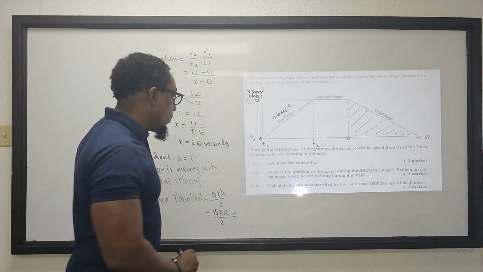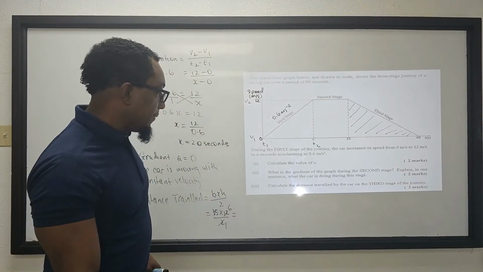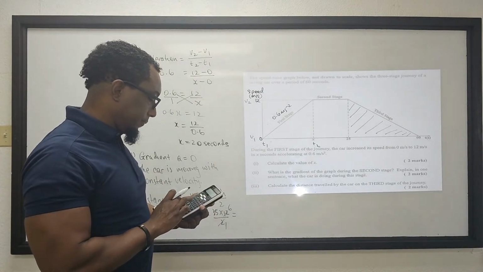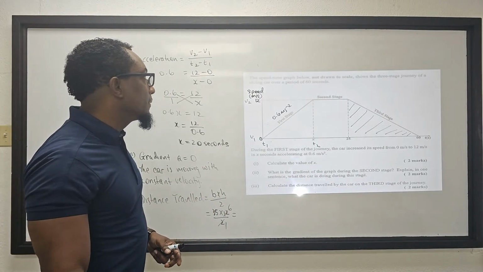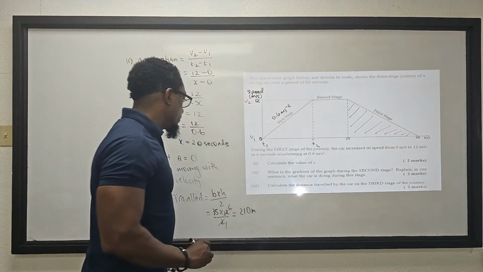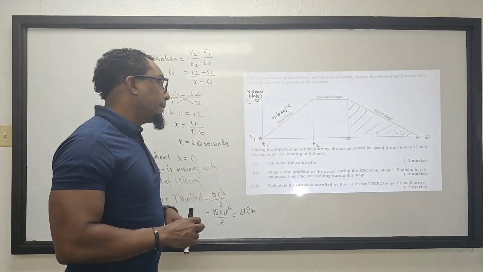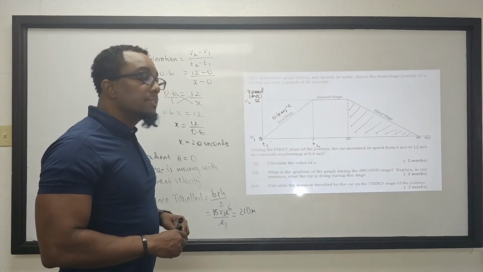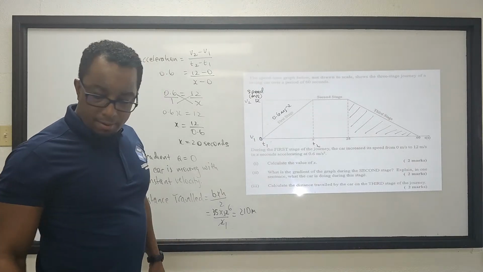So 2 into 2 is 1, 2 into 12 is 6, and 35 times 6 will give us 210 meters. Okay, and that will be the distance traveled by the car on the 3rd stage of the journey.